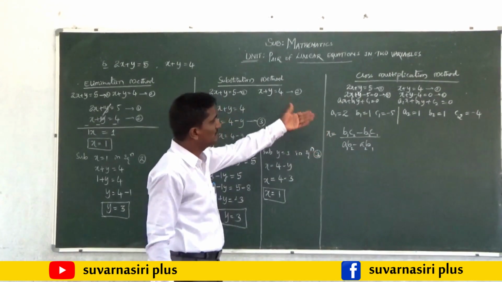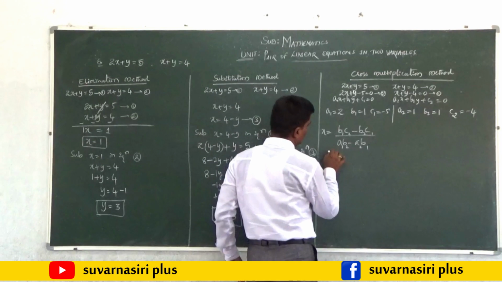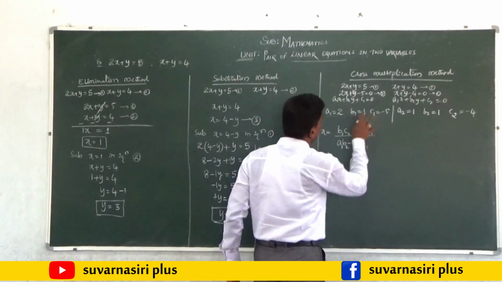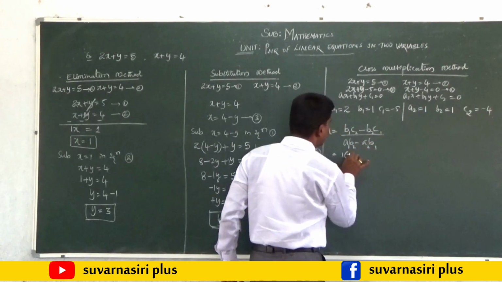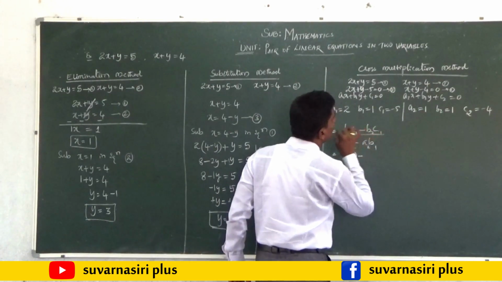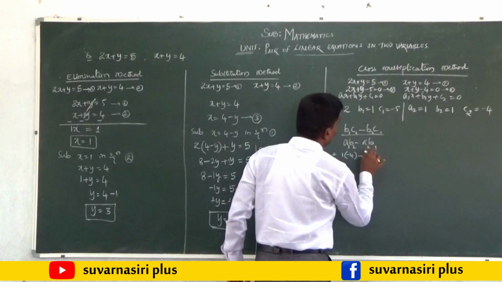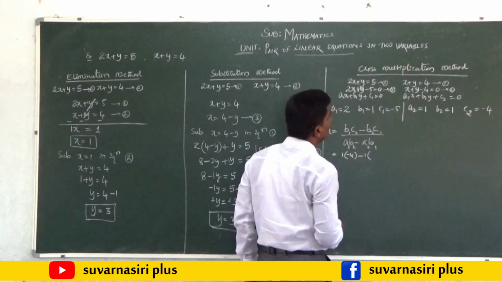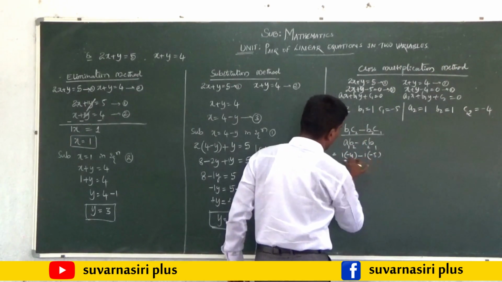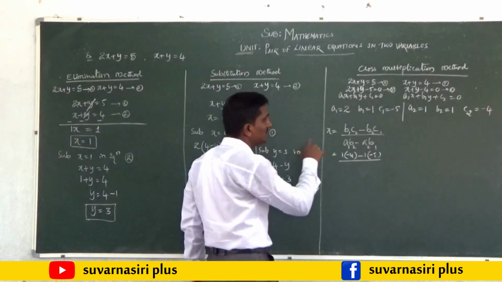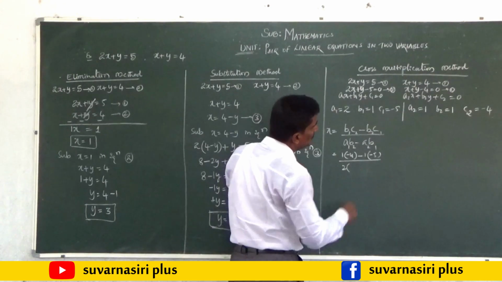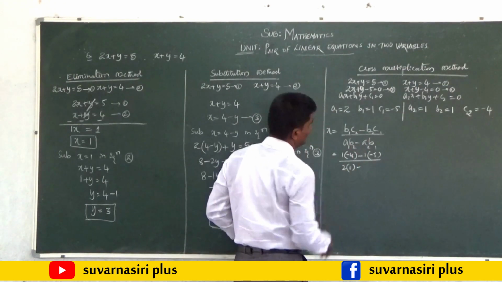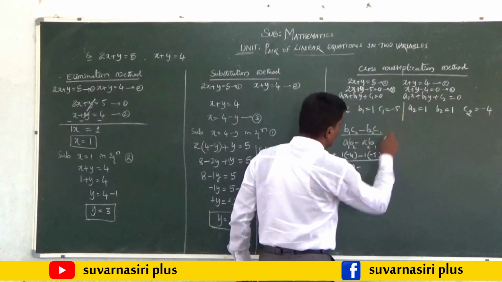Then you have to substitute the values: x is equal to 1 into c2, which is minus 4, minus b2 1 and c1 minus 5, whole by a1 2 and b2 1 minus a2 1.